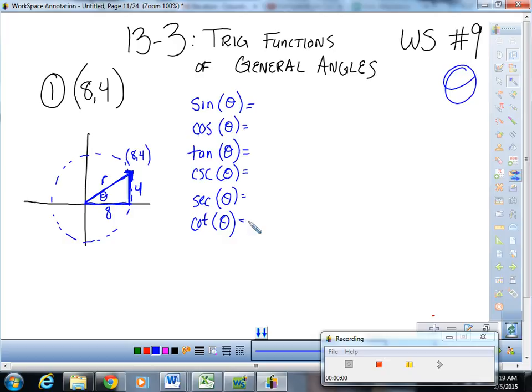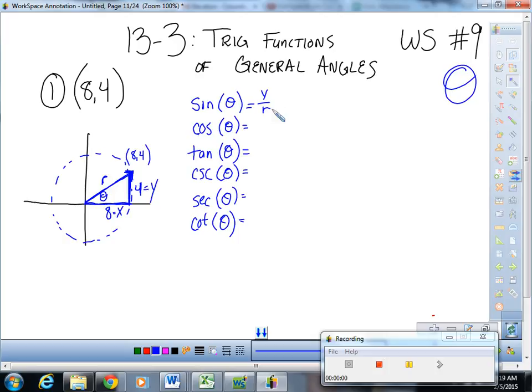Now, before we write the answers down, with this being the first one, let's take that chart. See the chart up at the top of your worksheet? And let's transfer that down. So notice that instead of SOHCAHTOA now, at the top it says sine of theta is y over r.